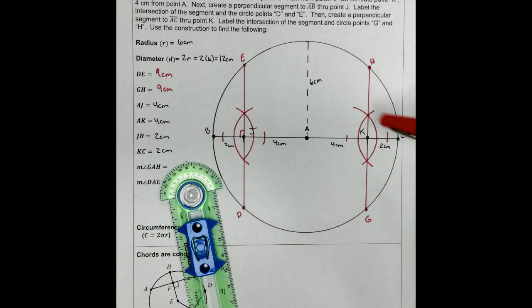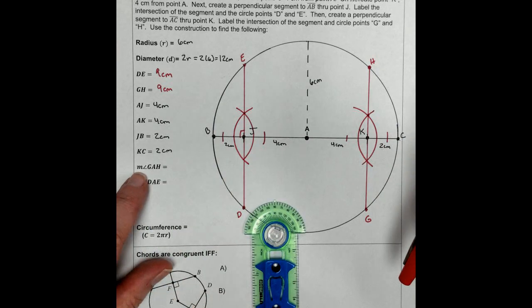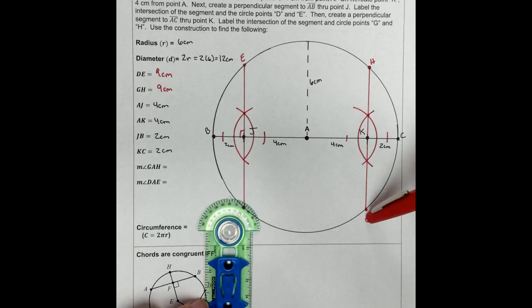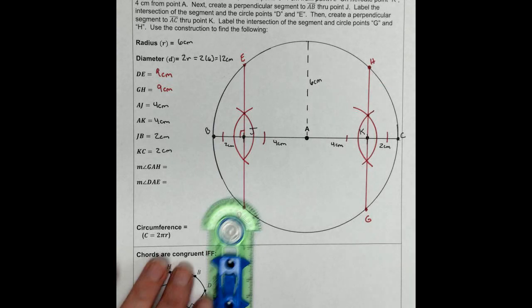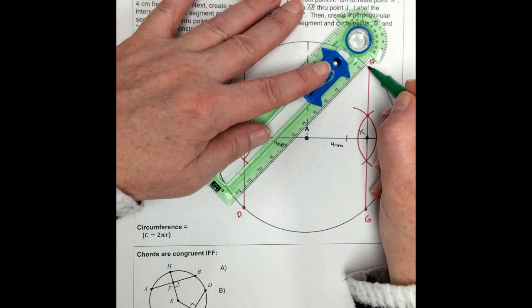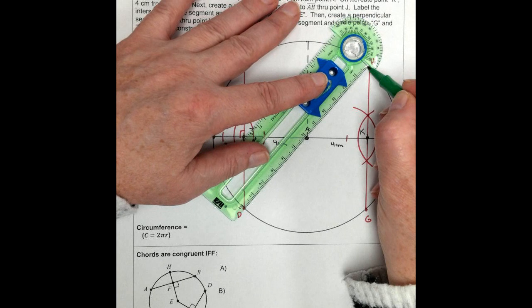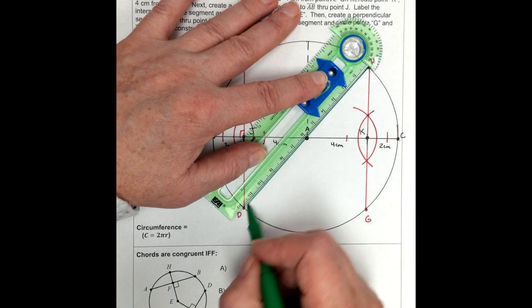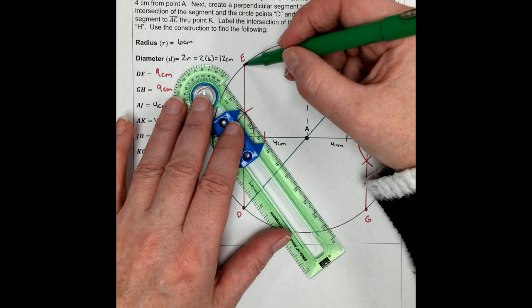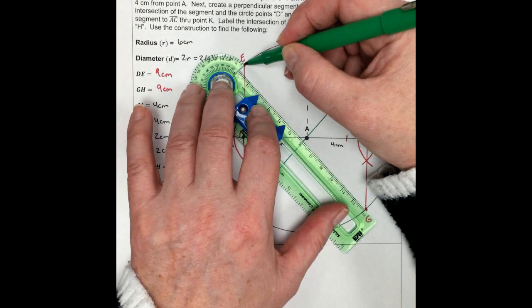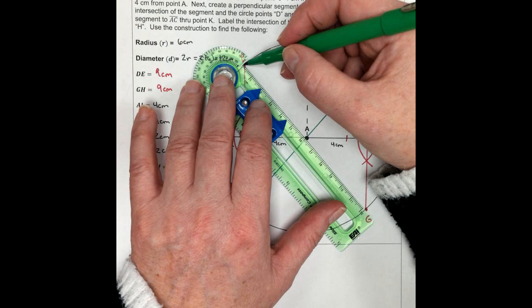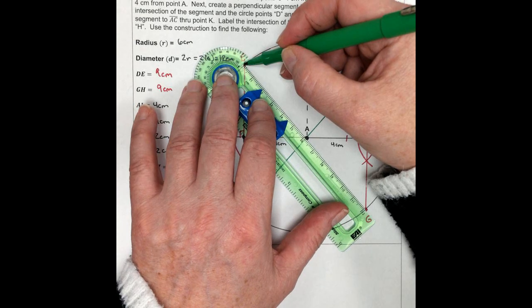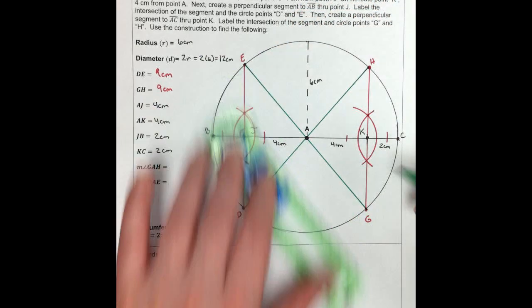So now, if I want to figure out what the measurement of GAH is, so GAH, this is an angle right here, I've got to create those angles. So I'm going to go ahead and draw a line through A to D, so that's another diameter here, and from E to G, which is going through A. Okay.